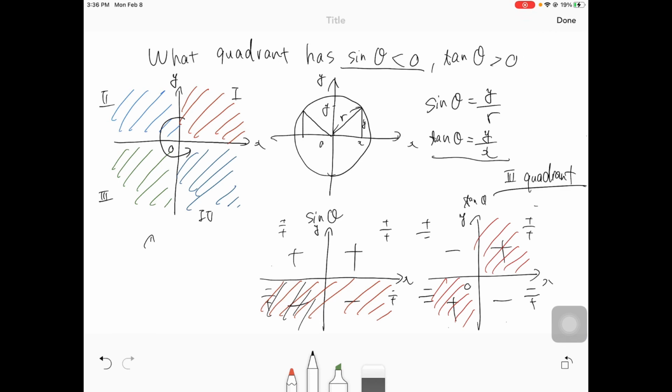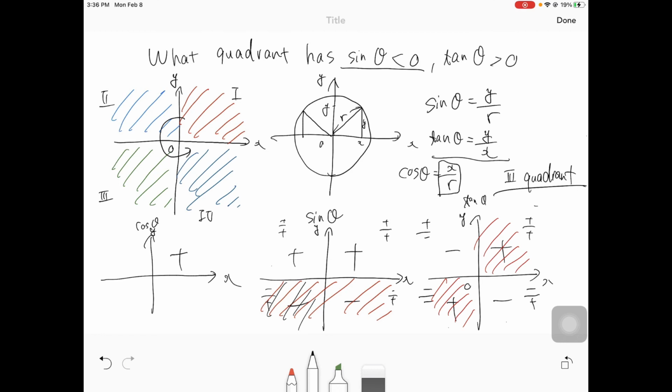But let me think about cosine theta as well. Cosine theta is x over r, right? So what about the first quadrant? In the first quadrant, x value is positive, r value is positive, so it's going to be positive. What about the second quadrant?